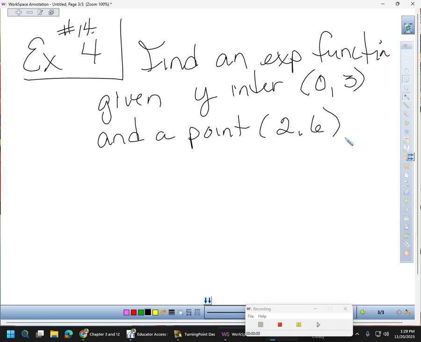All right, so first of all, let's write what we know. We have y equals a b to the x, where a is my y-intercept, 3. So now I'm going to plug in my x and y from the point to solve for b. So I have 6 equals 3 b to the second.